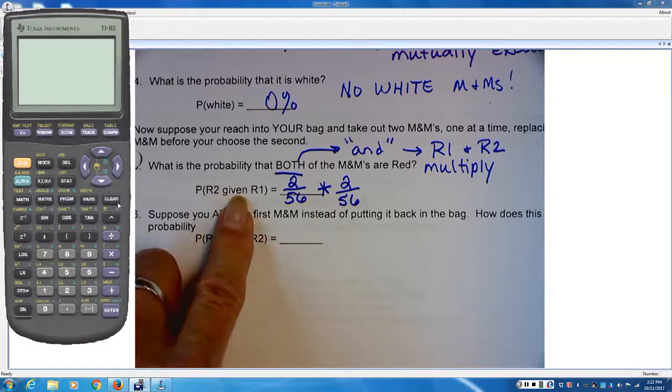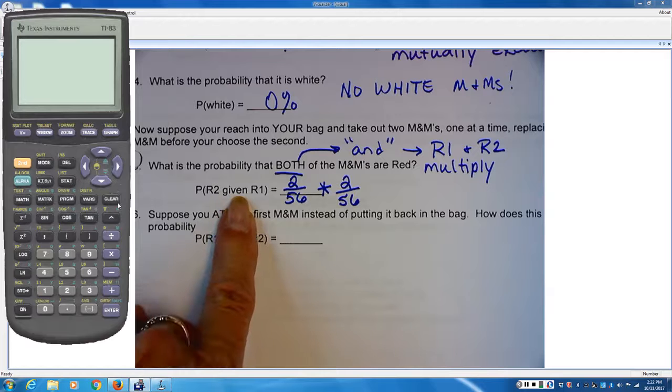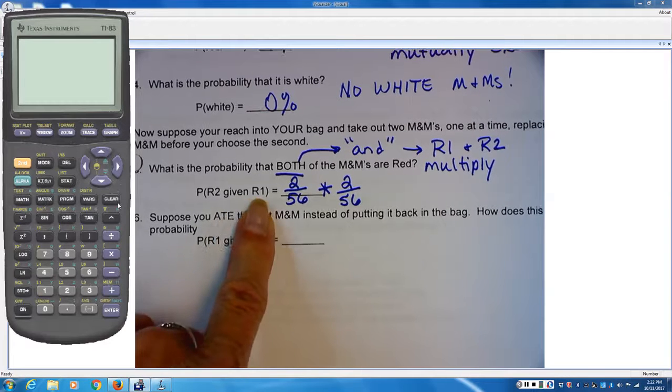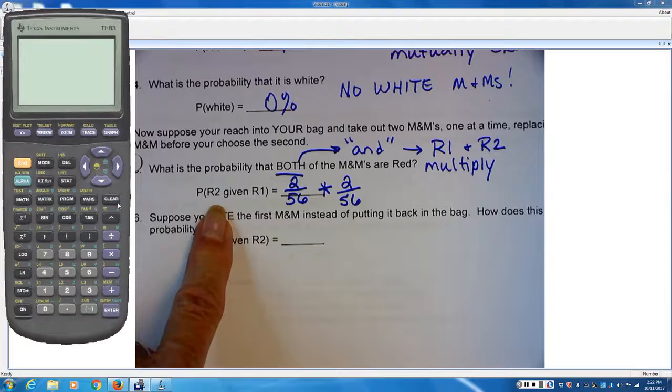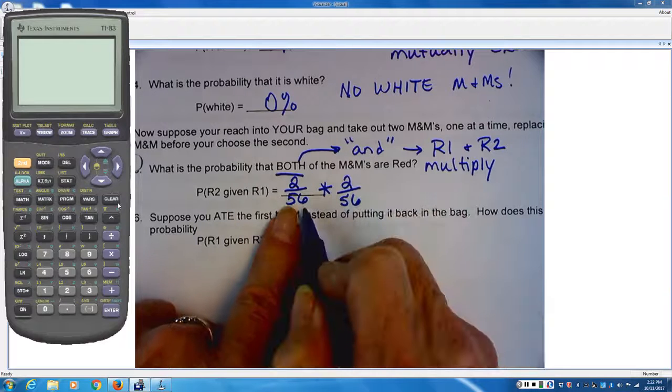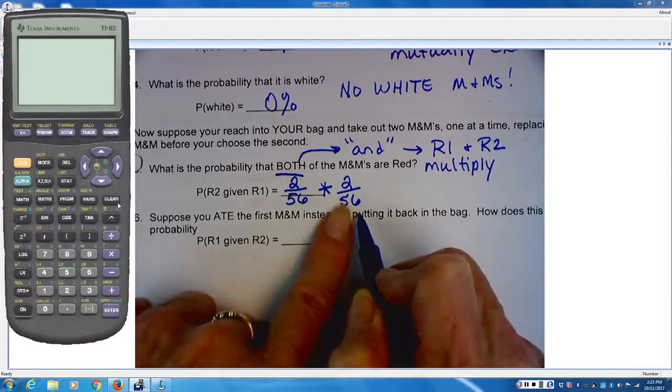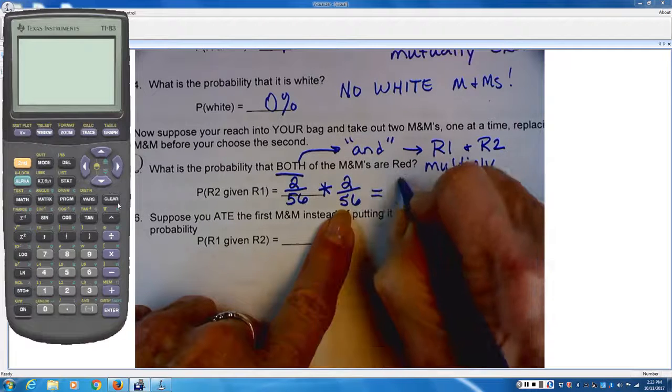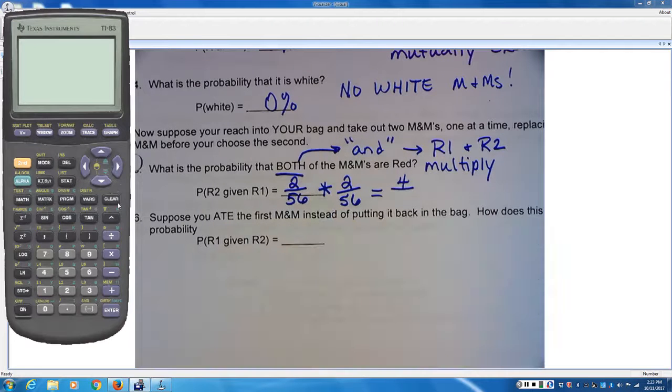That's where the given comes in. You don't have to have a rule for given probability. You have to think about what that probability is actually asking you for. You have to have the first one before you can have 2. So the probability of the first one was 2 out of 56. Probability of the second one is 2 out of 56. And that would be 4 out of 3136.